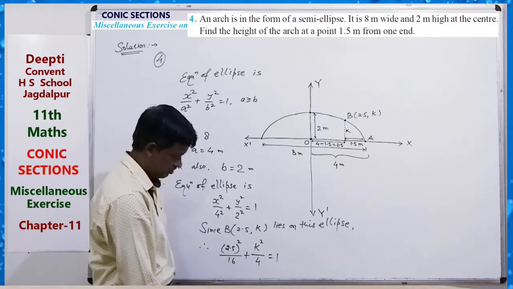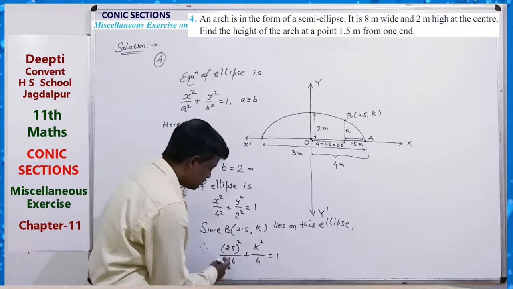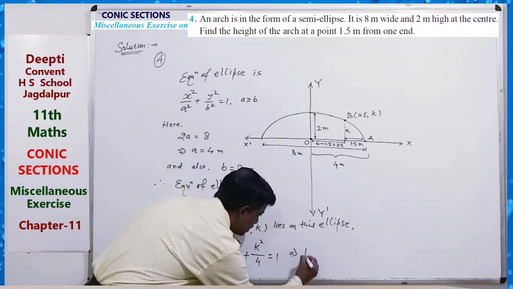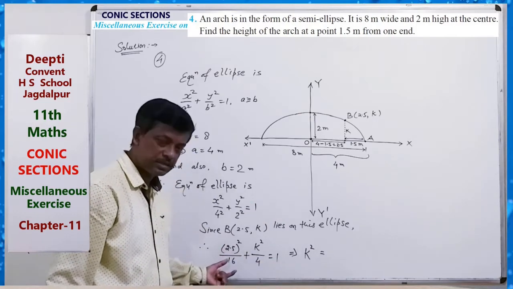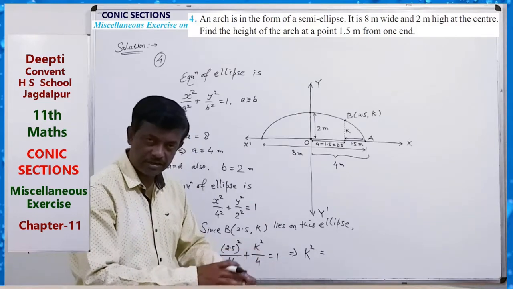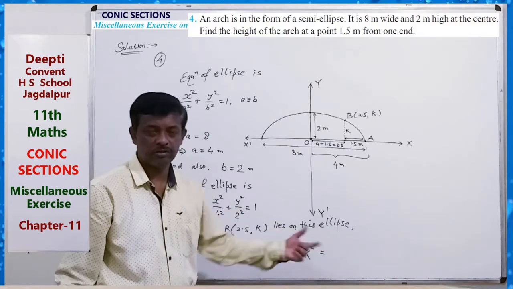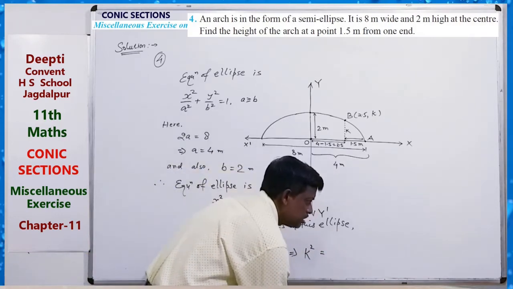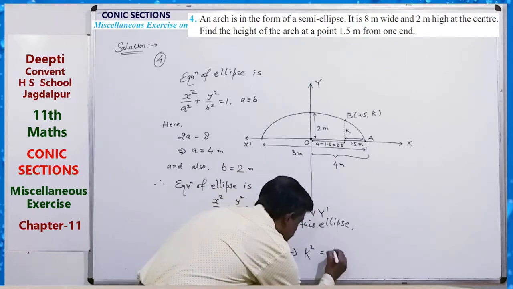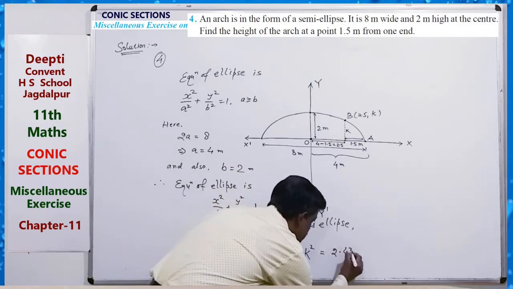k square equals to 1 minus this, calculate, into 4. So k square equals to 2.4375.